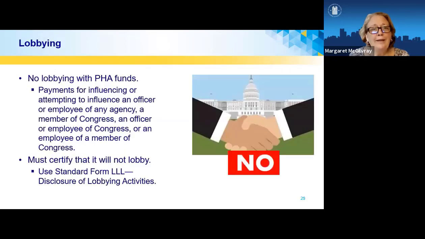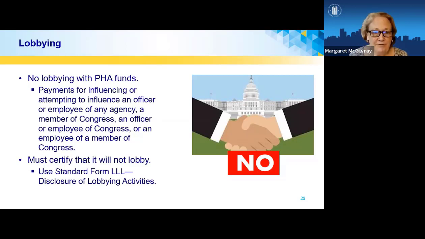So lobbying, this is pretty logical and self-evident. PHAs are prohibited from using public housing or federal funds to help receive a federal contract or cooperative agreement or loan or whatever, or to approach Congress and try and encourage them to award such contracts.